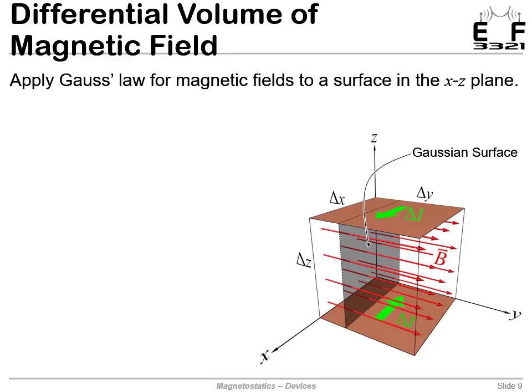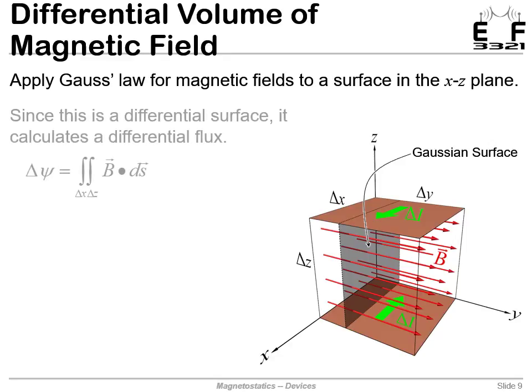The first thing we'll do is apply Gauss's law, so we'll integrate the magnetic field over the cross-section of this box. Remember our expression for magnetic flux; we'll integrate over that area. We're integrating B dot dS, and since we're integrating over a differential box, what we get is a differential flux.